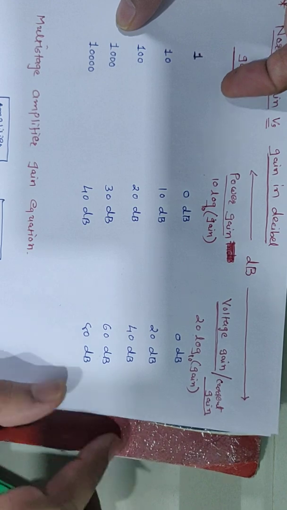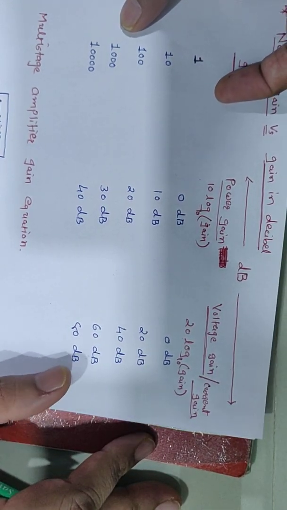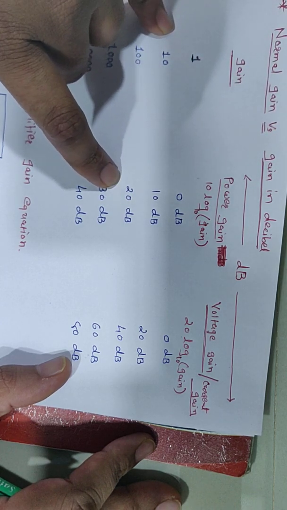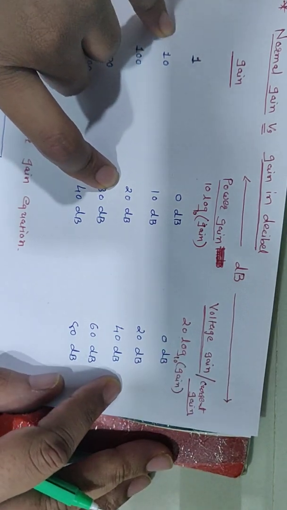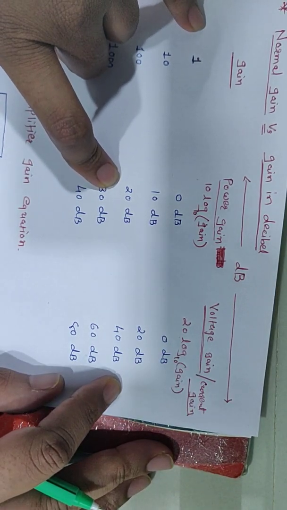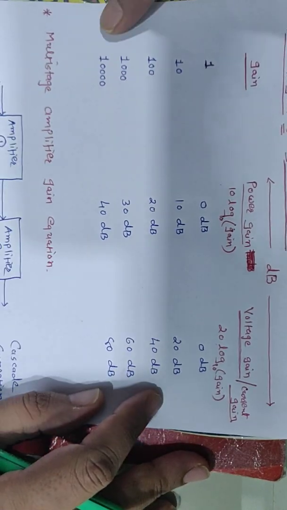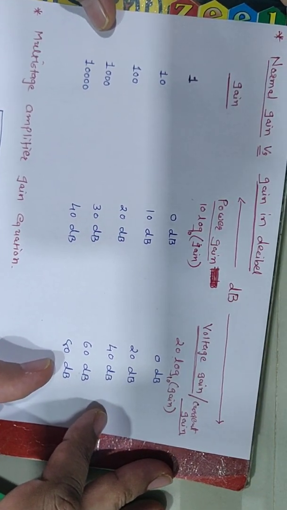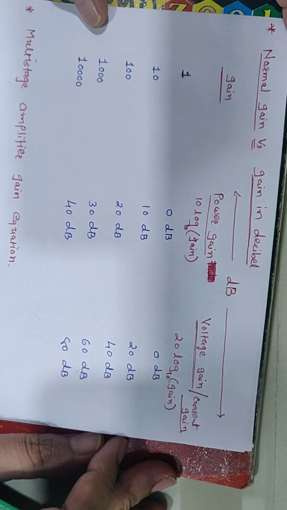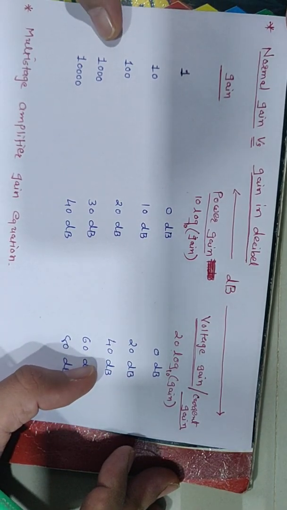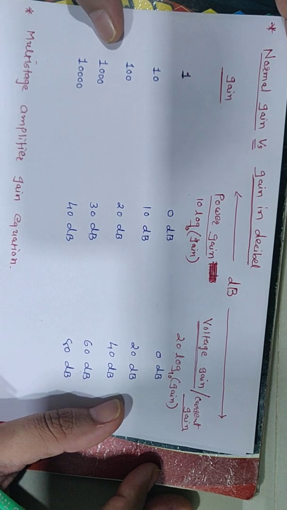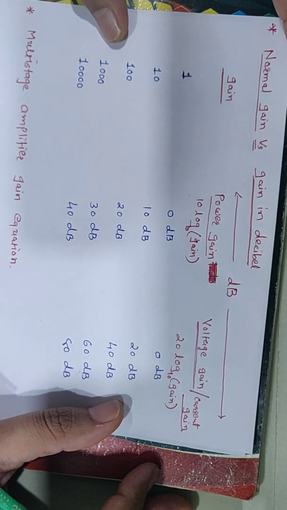So it will be very easy to remember that if we increase one 0 in the gain, if it is power gain, then 10 dB will be added, and if it is a voltage gain or current gain, then it will rise by 20 dB. The only intention of showing the table is so that you can remember it this way, and it will be very easy to calculate. Sometimes without calculation you will get the answer very easily. Okay, so this is the purpose of this table.